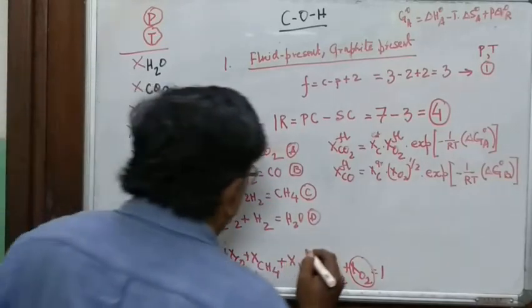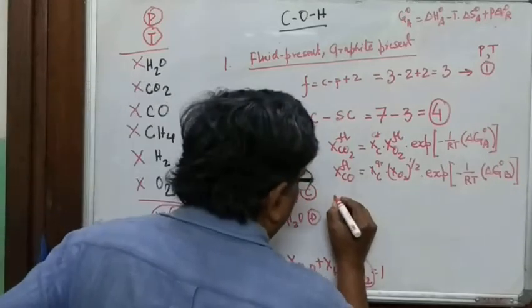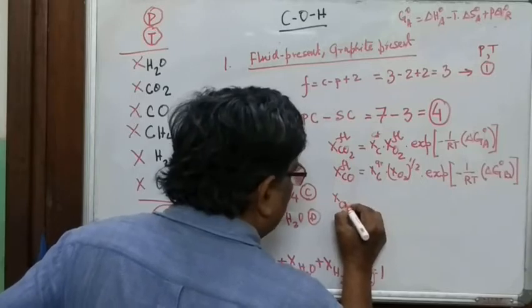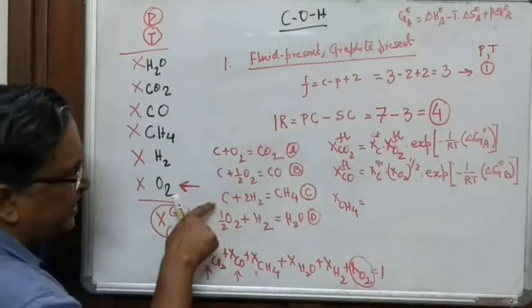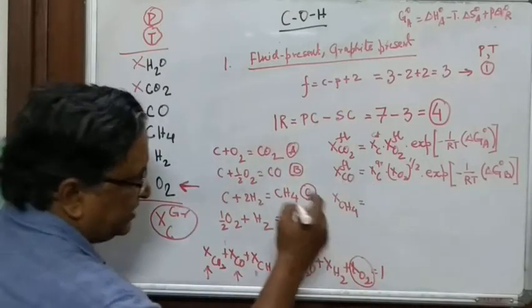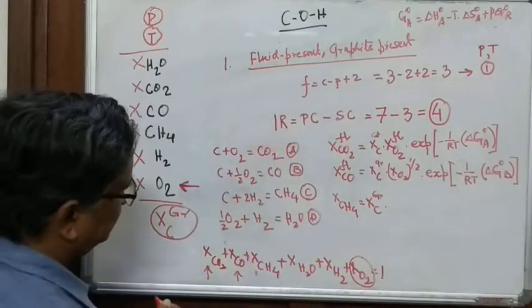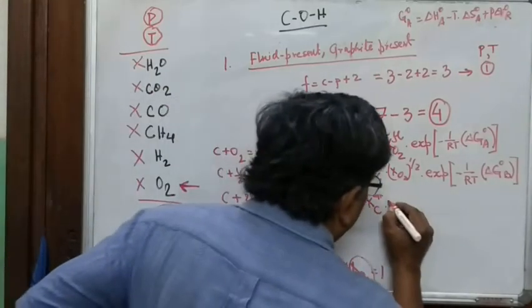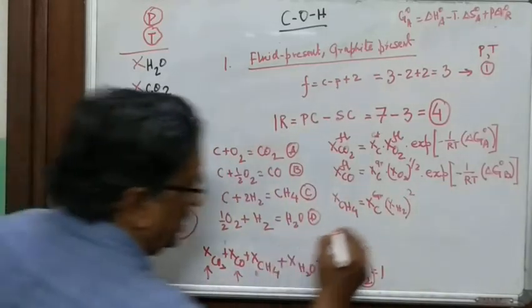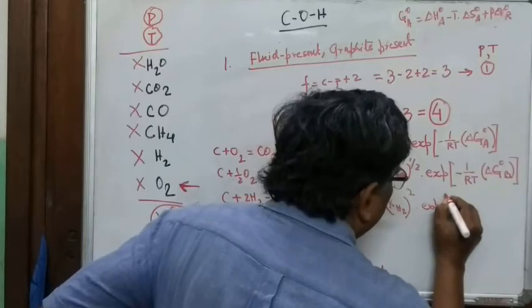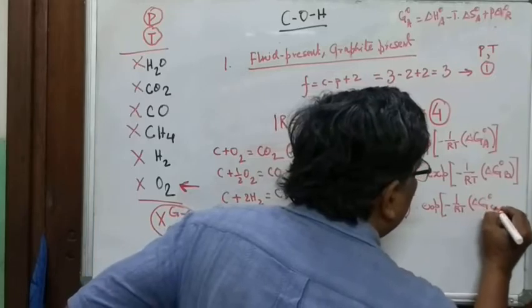From C what you get is XCH4 is equal to, I will write Xc graphite into XH2 whole square into exponential minus 1 by RT into delta G0C.